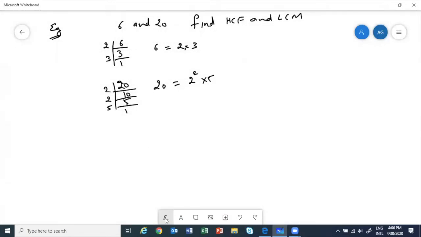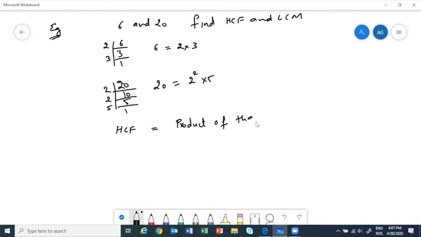Now for finding the HCF, what we have to take? Take the product of the smallest power of each common prime factor of the numbers. You will understand when we do more questions.